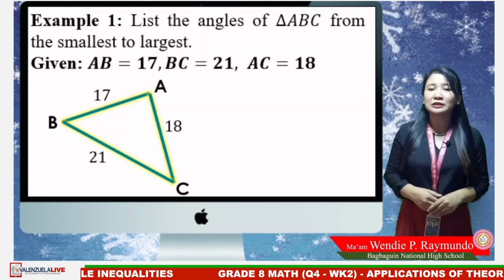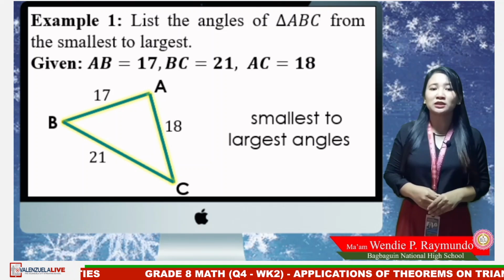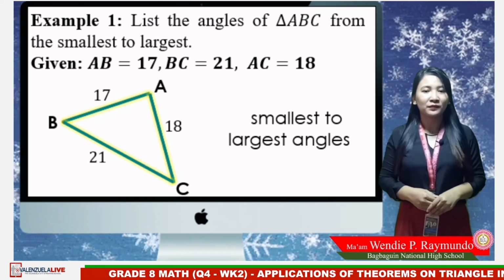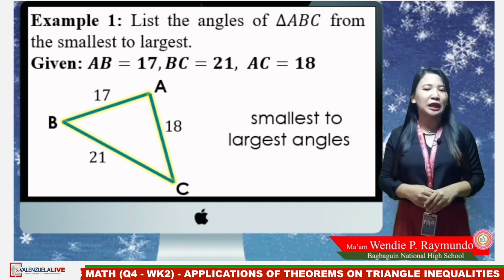So to find the smallest to largest angles, we need to look at the smallest to largest side as well. The smallest side of triangle ABC is side AB.